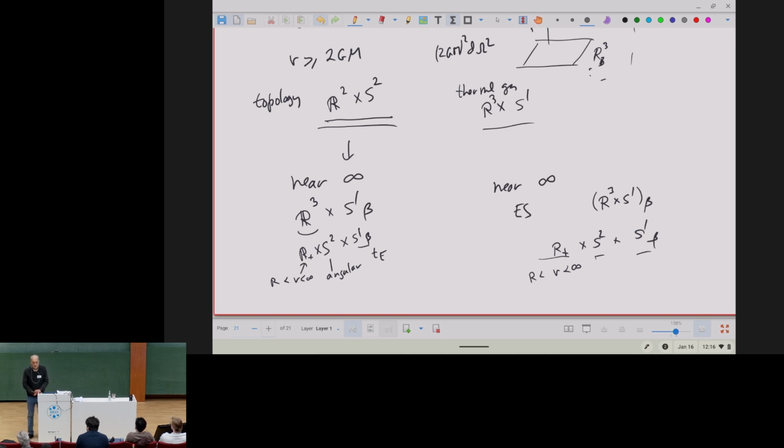Actually, this analysis applies for an almost extremal black hole, no matter how close it is to being extremal. But in this derivation, I think you have to think of the extremal black hole as a limit, because the topology changes in the extremal limit.